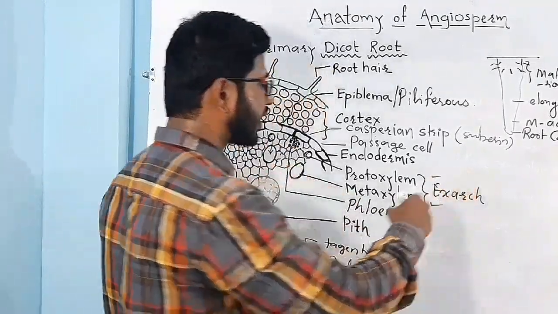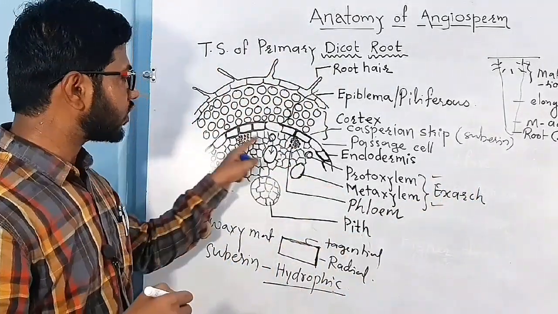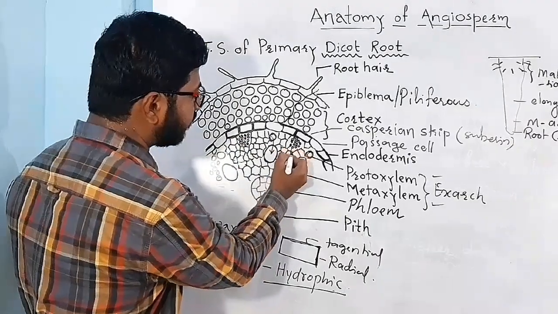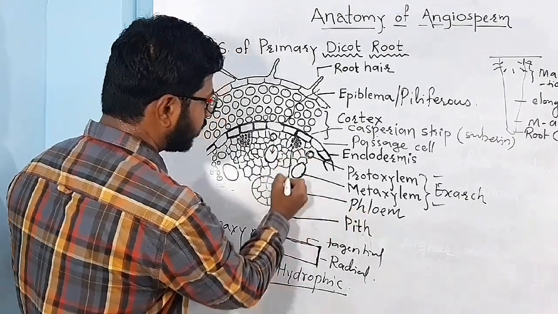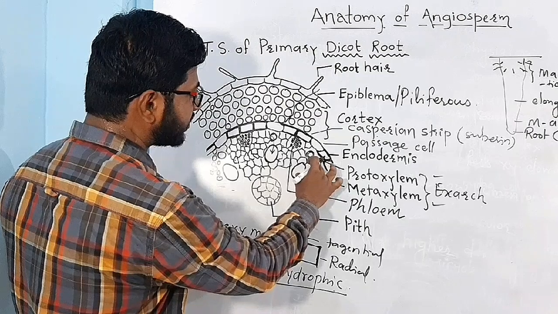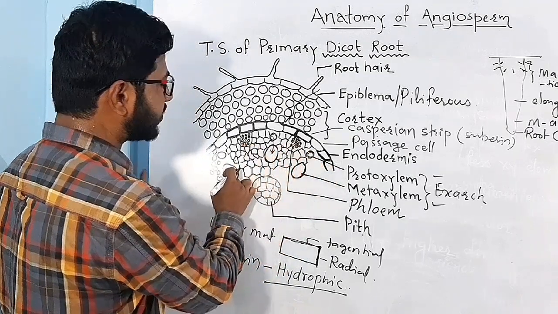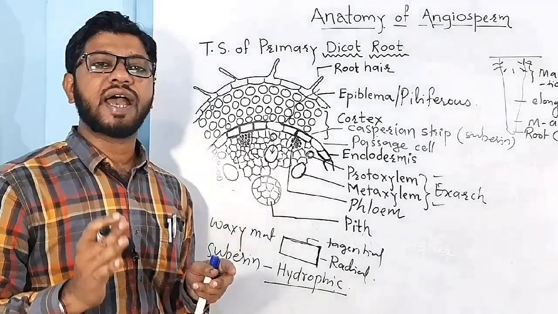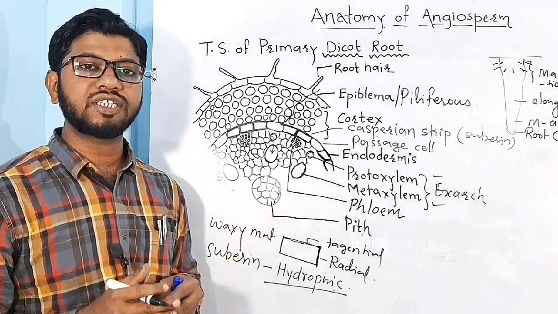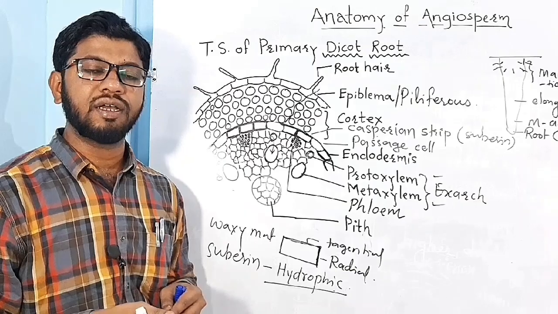First thing. Second thing is, in this vascular bundle, these are the phloem cells, and then this is xylem. Xylem, phloem, then xylem. Means xylem and phloem are not situated on the same line.